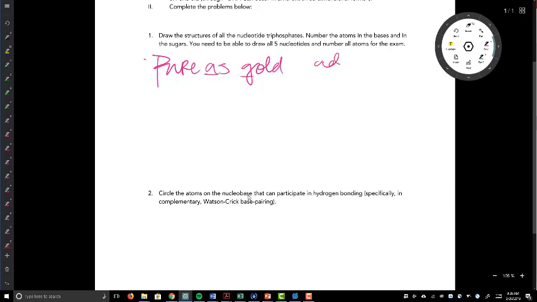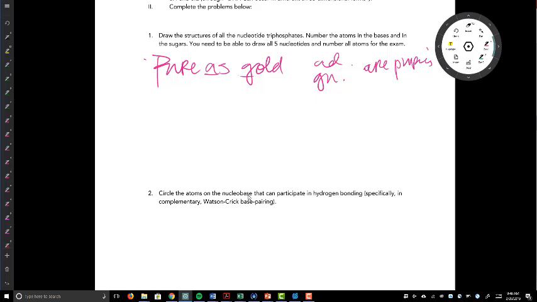So adenine and guanine are purines. And so by default, cytosine, thymine, and uracil are the pyrimidines. Thymine is the DNA version and uracil is the RNA version of the same nucleotide. It's just that thymine has the extra methyl and uracil has that methyl removed.